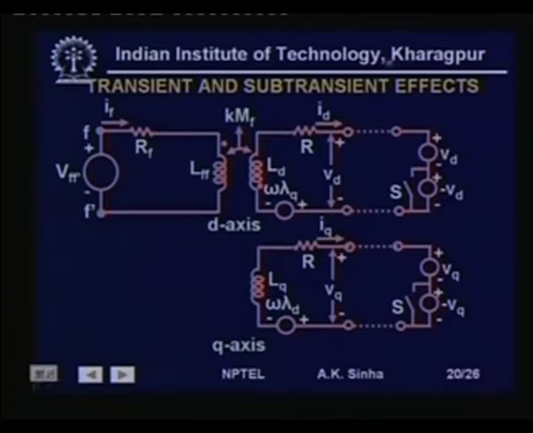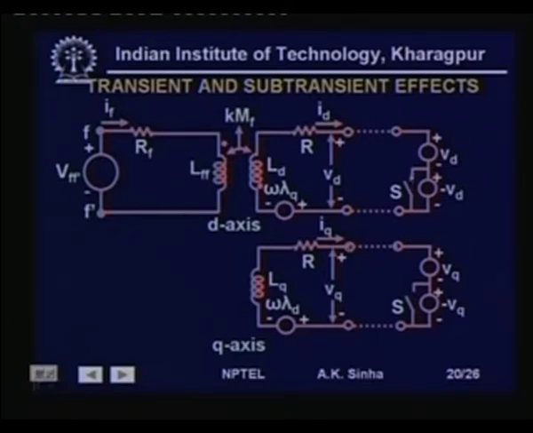Now, in order to simulate this short circuit condition, we can connect two voltage sources of Vd and minus Vd in series across the terminals of the direct axis winding. Similarly, Vq and minus Vq across the terminals of the q axis winding.